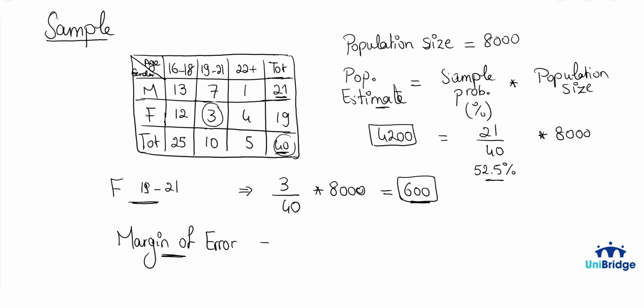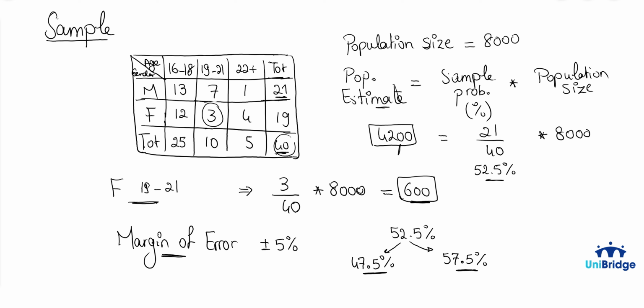So if I gave you a 5% margin of error, this means plus or minus 5%. So if the sample indicates 52.5, then maybe it could be less by 5%, 47.5, or more by 5% to 57.5. So as if you're putting some sort of an error for your estimate.